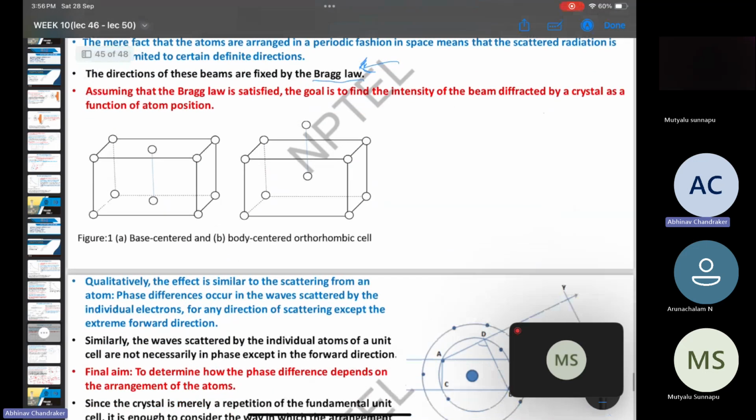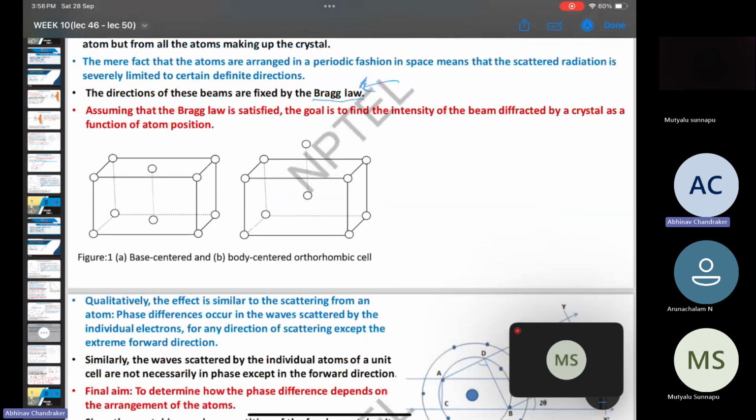But if the arrangement of atoms in a unit cell changes, then the intensity of the diffracted beam can also change. It can either remain the same or it can reduce.